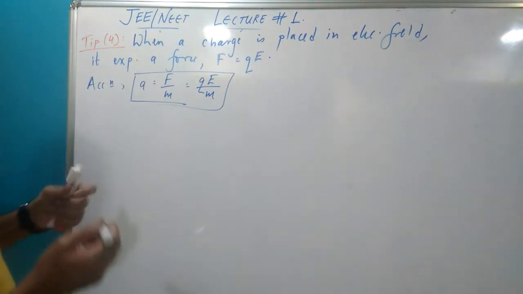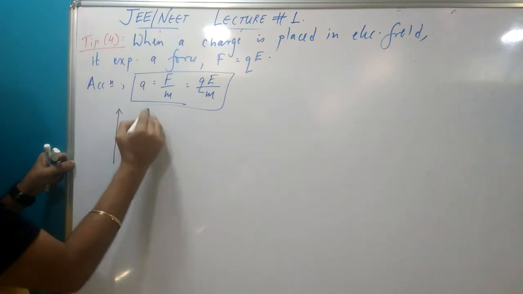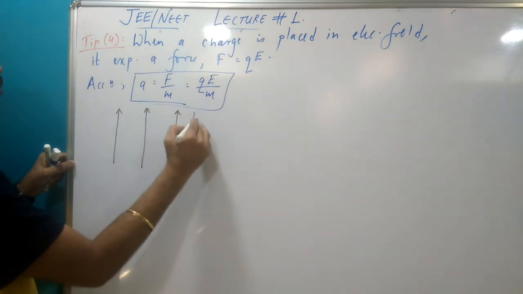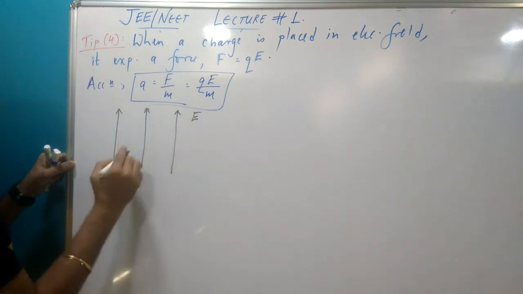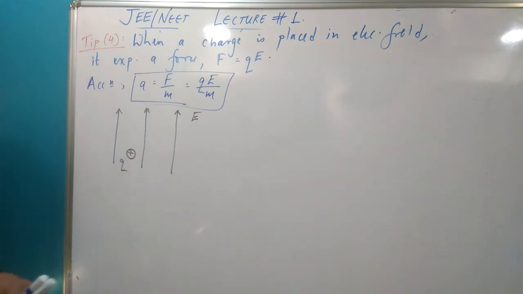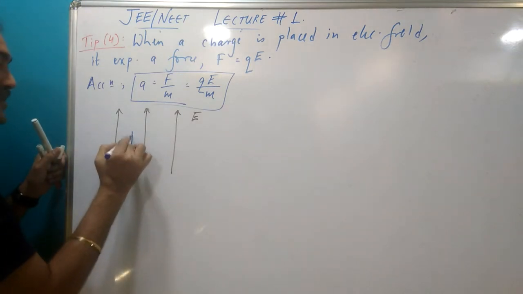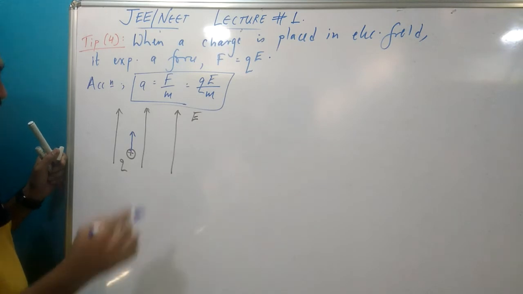No doubt about that. We also saw this diagram. I'll just go through this. This is the electric field. And if this is the positive charge Q, in which direction would it go? It would experience force and acceleration in this direction.